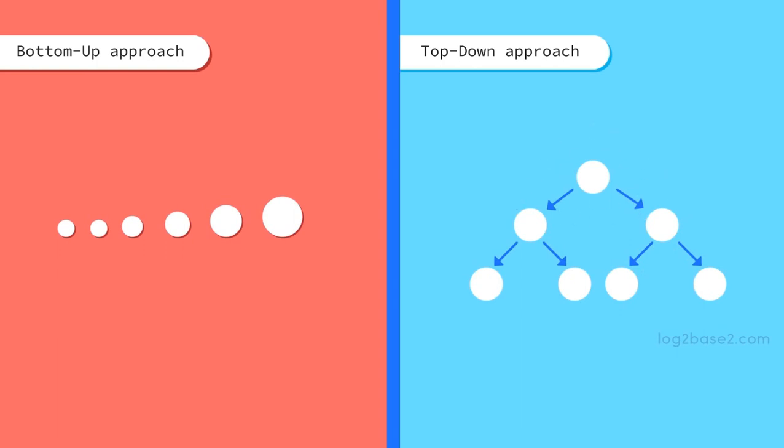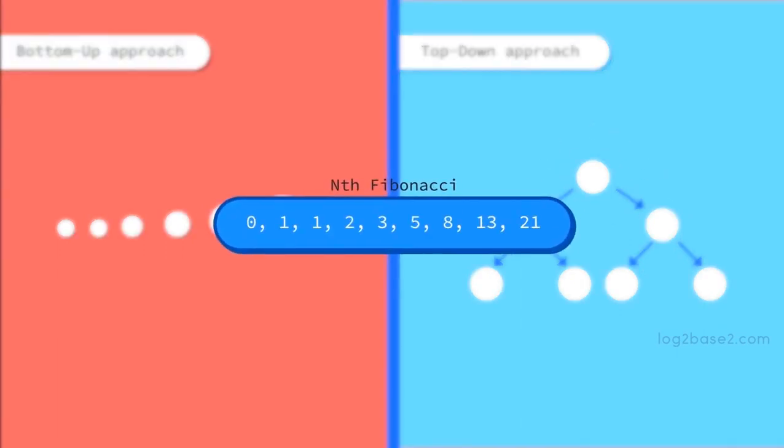Let us understand it using the nth Fibonacci example. Here, the problem statement is, given n, we need to return the nth Fibonacci number from the series. The Fibonacci series is: Fibonacci of 0 is 0, Fibonacci of 1 is 1, Fibonacci of 2 is the sum of fib of 0 and fib of 1, that is 0 plus 1 equal to 1.